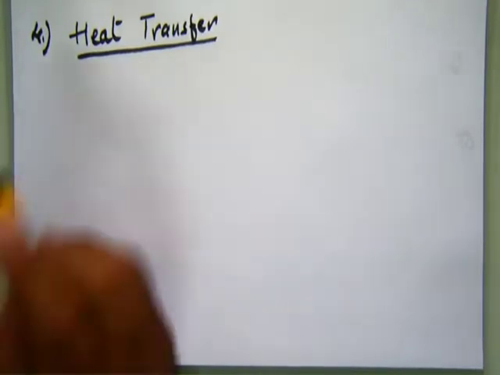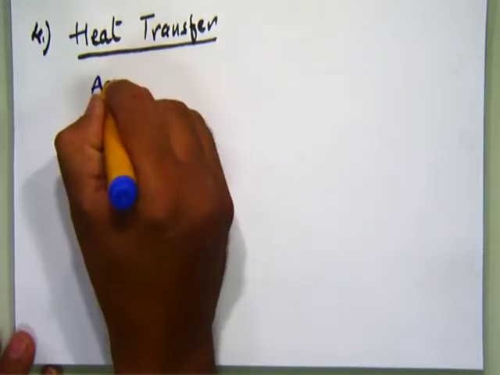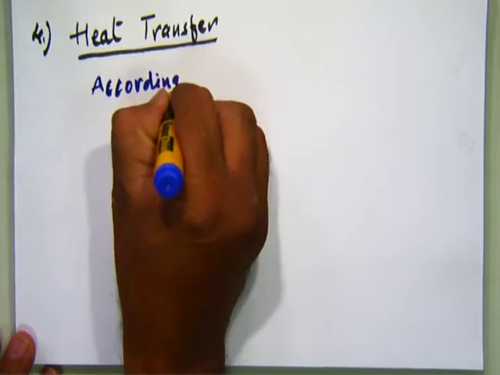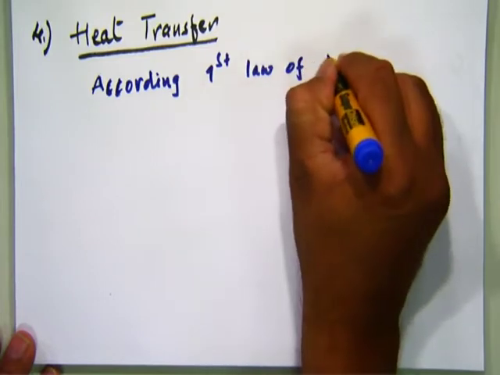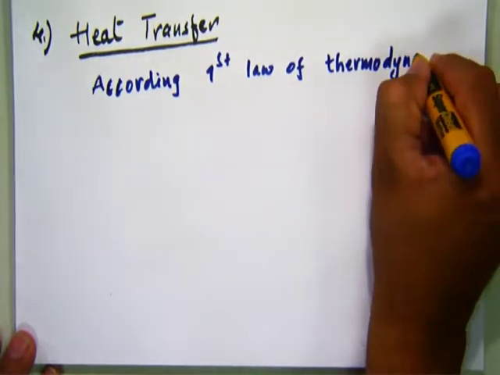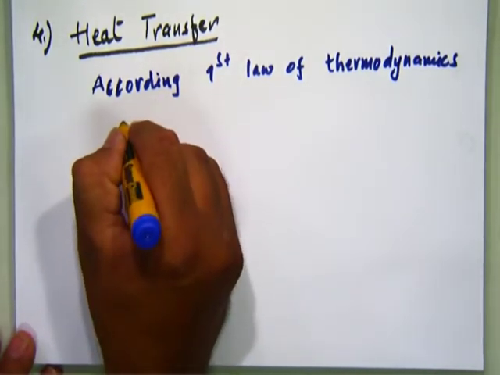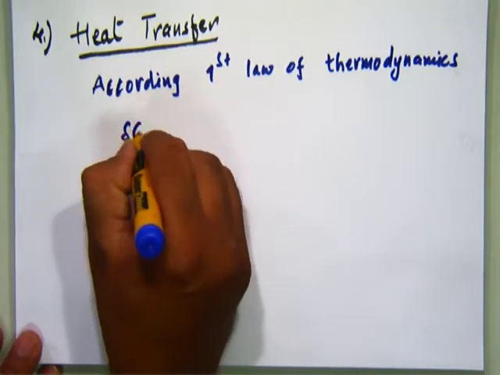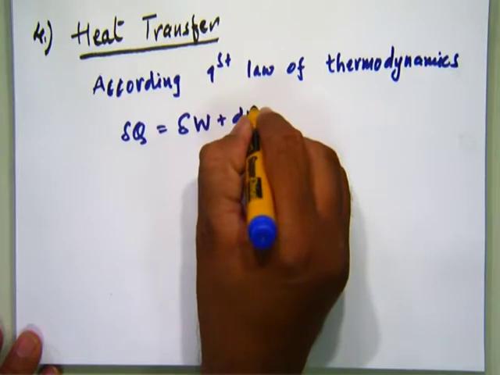So according to the first law of thermodynamics, it is delta Q is equal to delta W plus du.